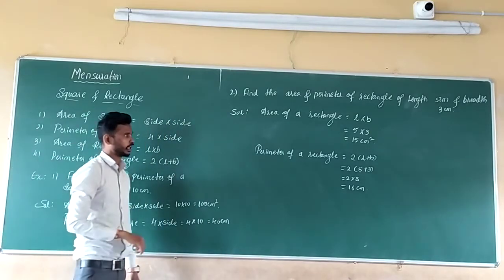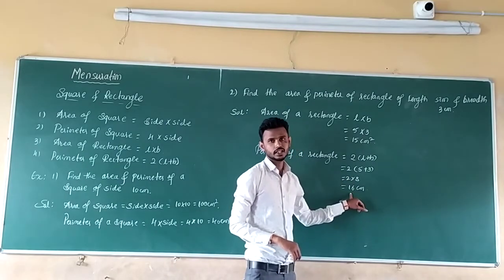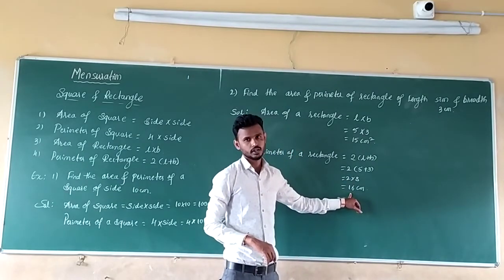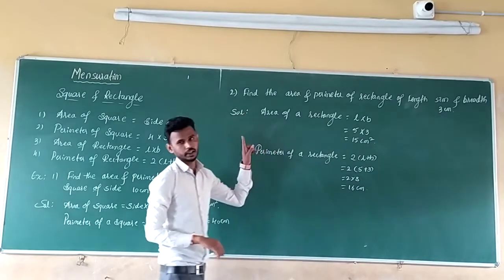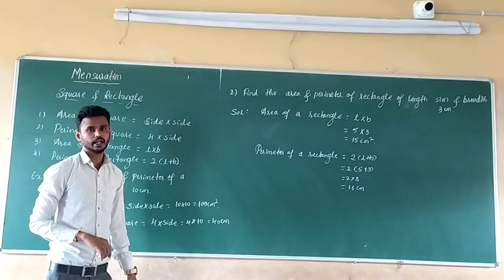So the area of the rectangle is 15 centimeter square and its perimeter is 16 centimeter. This is how you need to find the area and perimeter of a square and rectangle.